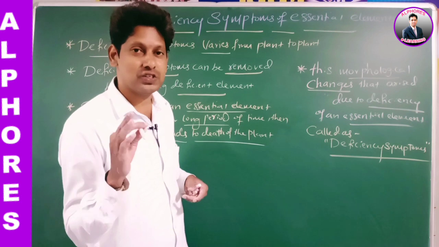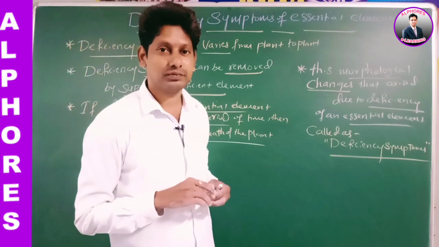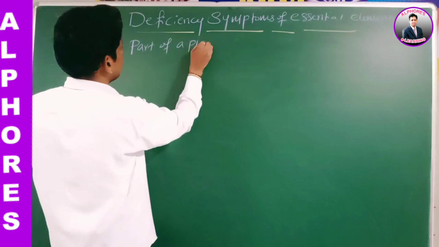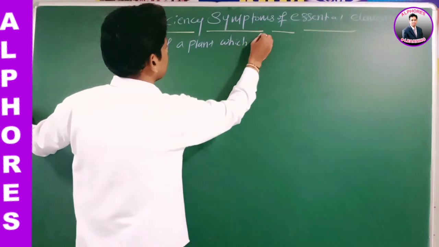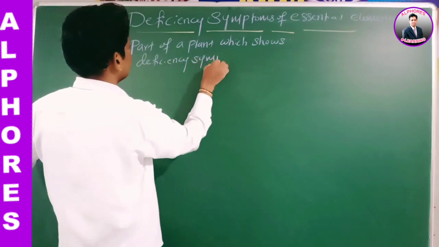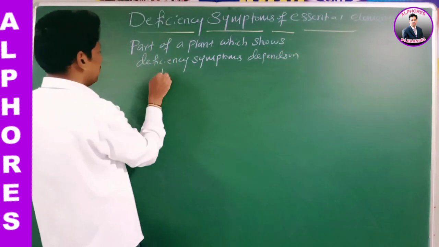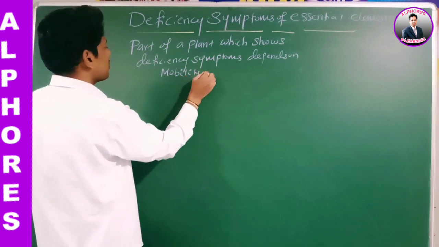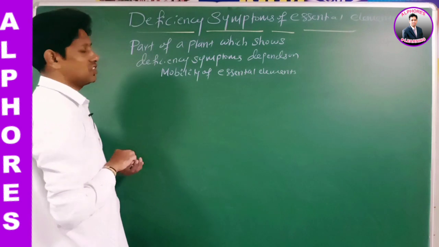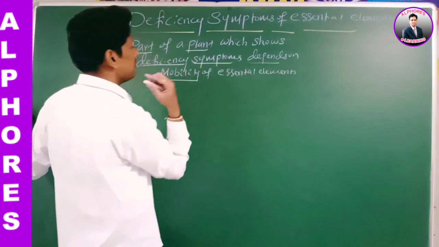The part of the plant that shows deficiency symptoms depends on the mobility of the essential elements.